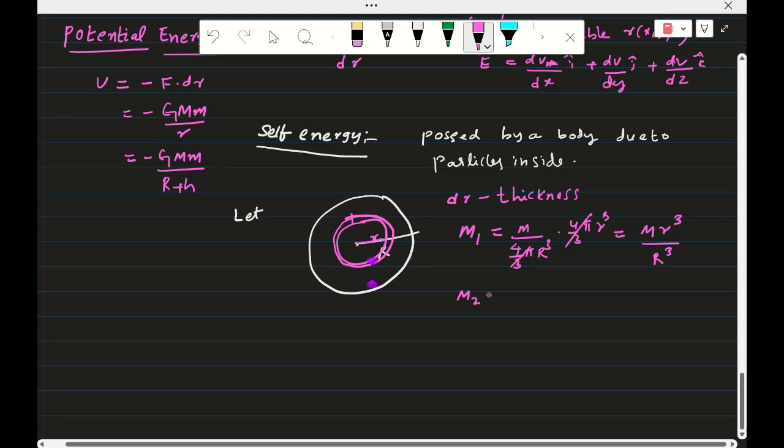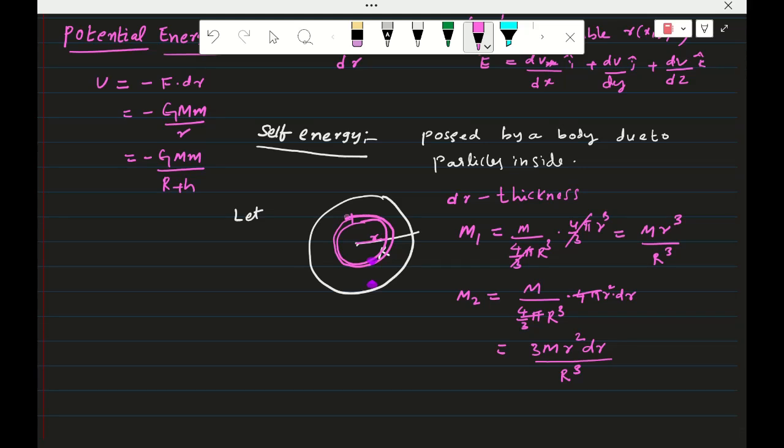Then the mass of the small element dm equals M by 4 by 3 pi R cube into dV, where dV is 4 pi r square into dr. The 4 pi gets cancelled, so that is equal to 3M r square dr by R cube. This is m2, the mass due to this thickness. m1 is the mass of the sphere of radius r.